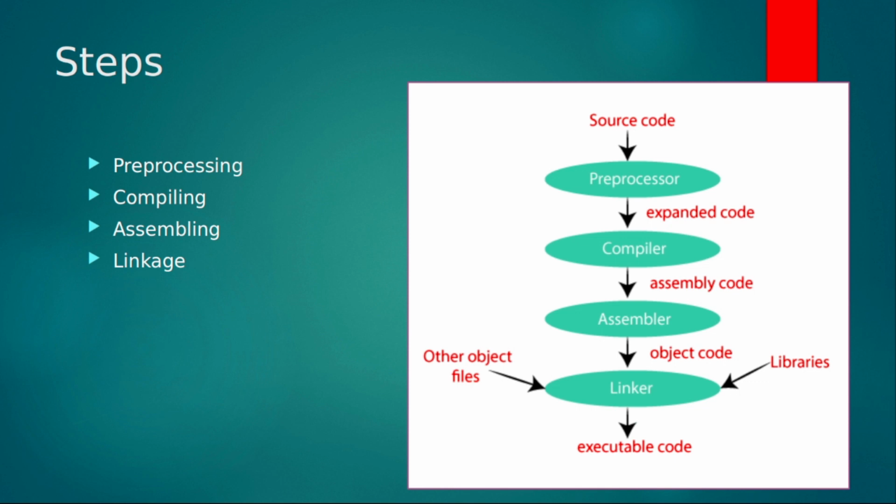These four steps are done by the preprocessor, the compiler, the assembler, and the linker, all of which are built into the compiler that we are using. In this case, we are using GCC. So all these are inside of GCC.